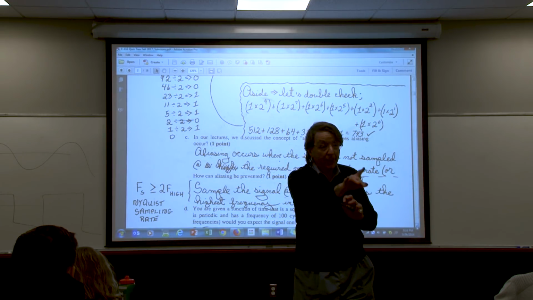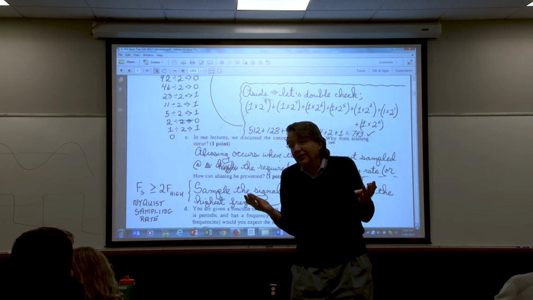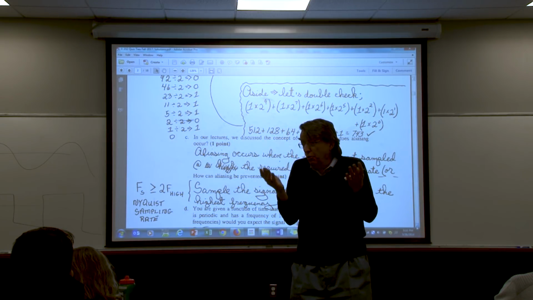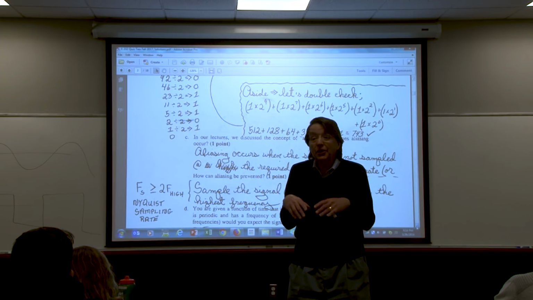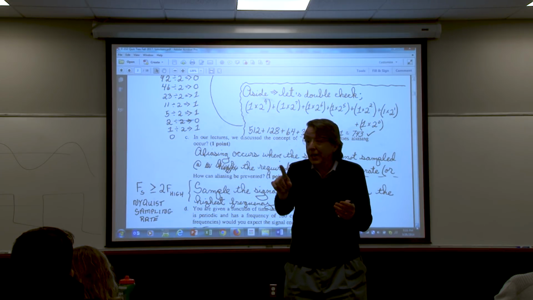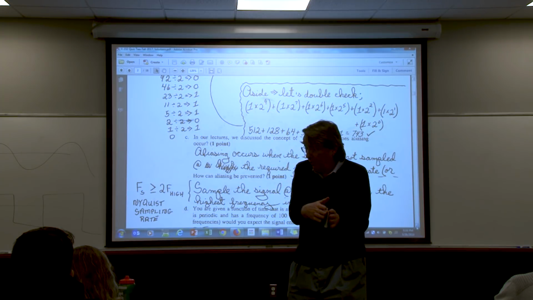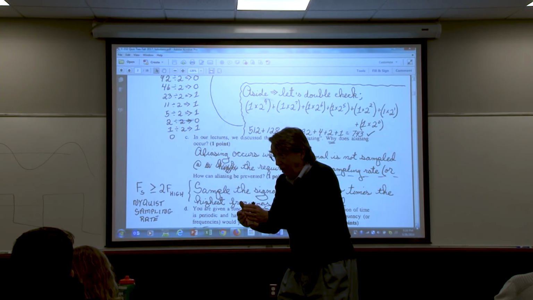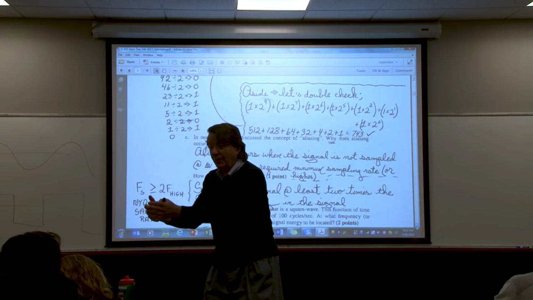So if I have a periodic signal at 100 cycles per second, I would expect that there would be energy at the first harmonic. Now, where would be the next place I would find the energy? Second harmonic. Now, it might be 0, but the next place where there could be energy is the second harmonic. The next place where there could be energy, the third harmonic.